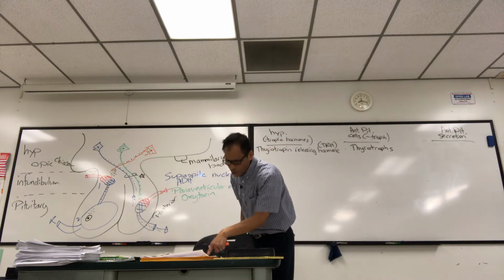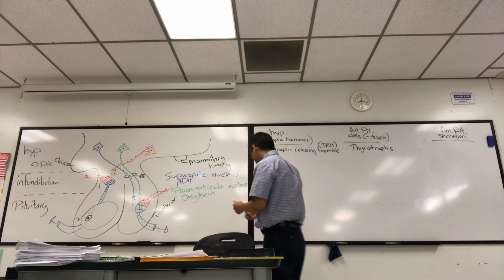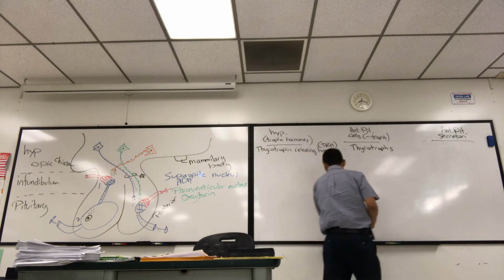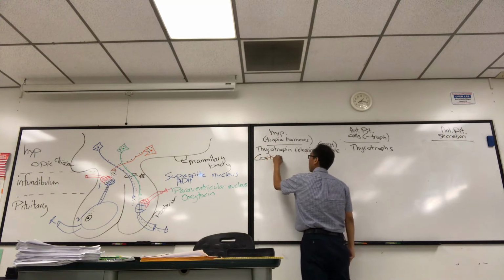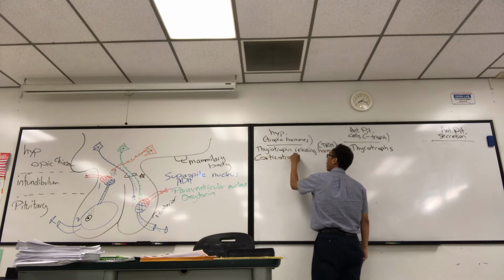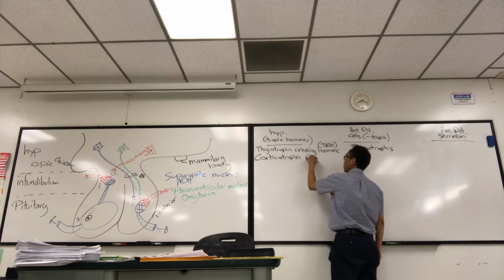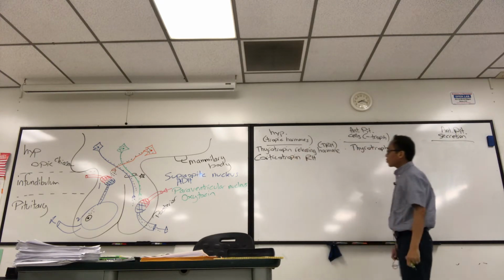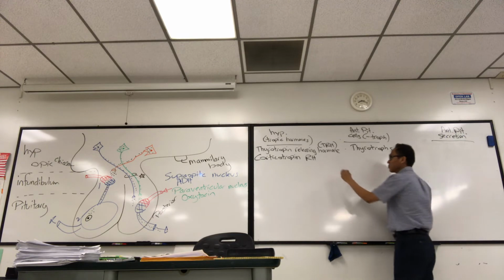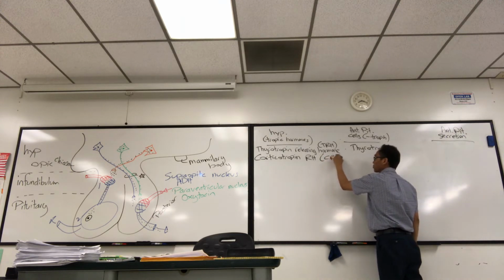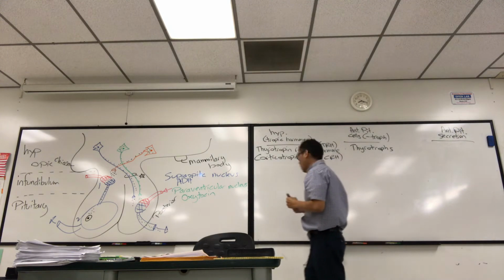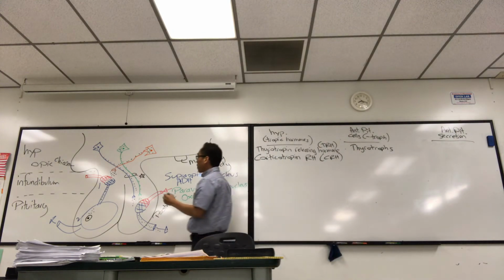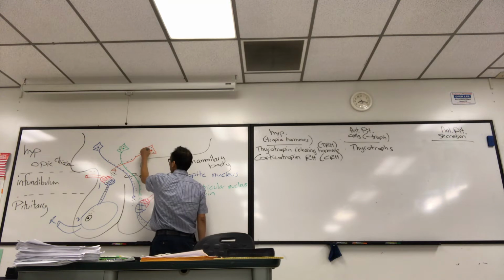The next tropic hormone is called CRH, Corticotropin-Releasing Hormone. Now I'm just going to put RH for releasing hormone to keep life simple, or CRH for short. I'll just continue to use black dots, I think you're getting the idea here.